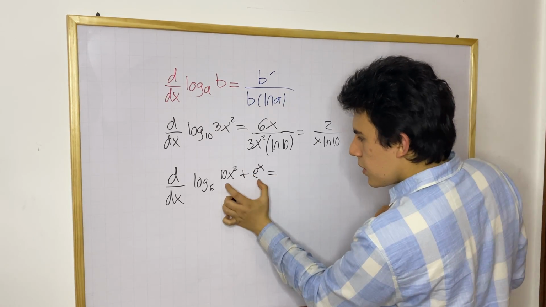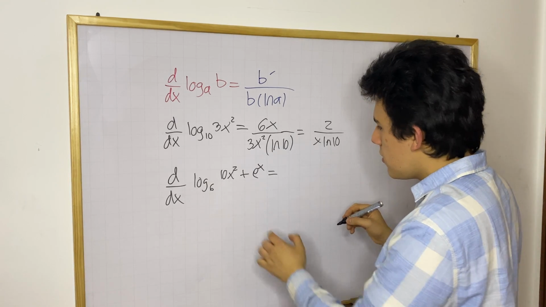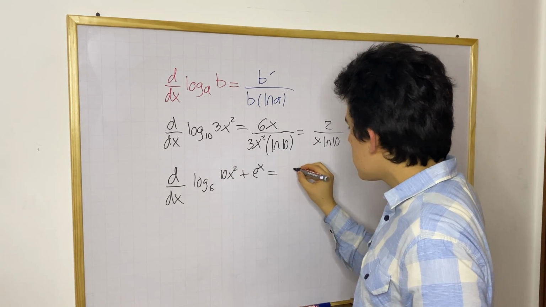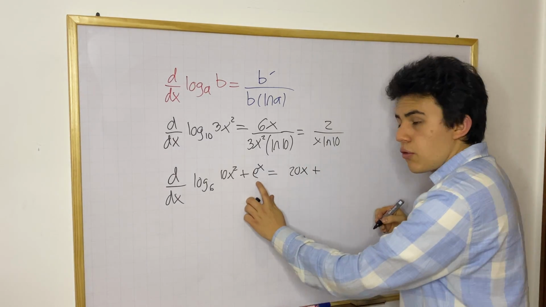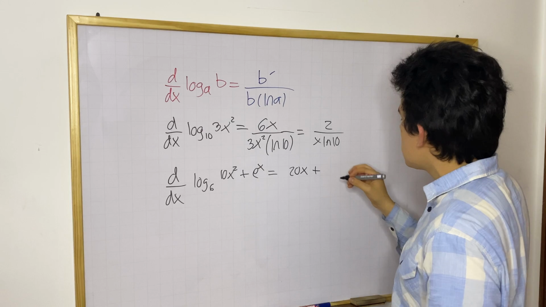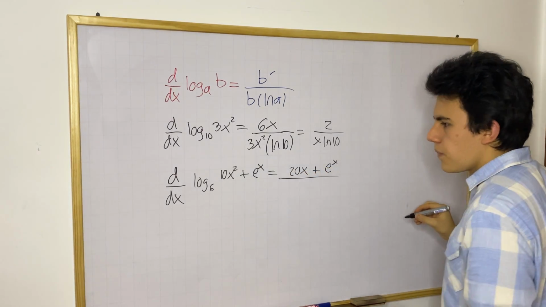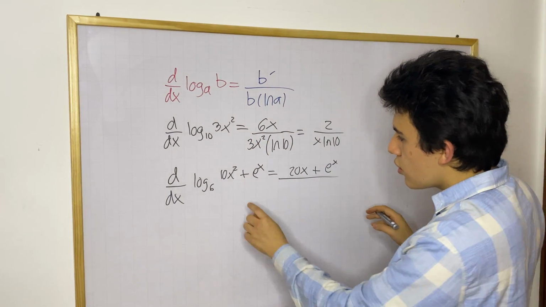So b is going to be equal to these two terms. b prime, let's take the derivative of this binomial. So the derivative of this using the power rule, we know it's going to be 20x plus the derivative of e to the x, we know is just going to be e to the x. So we have 20x plus e to the x over. Now we need b. Don't differentiate b, just normal b.